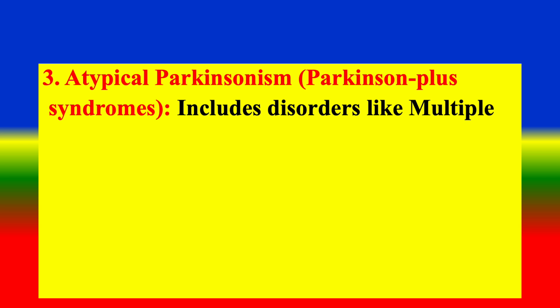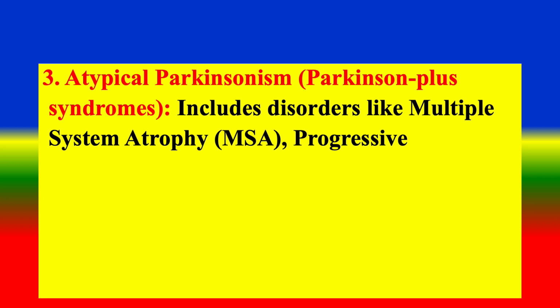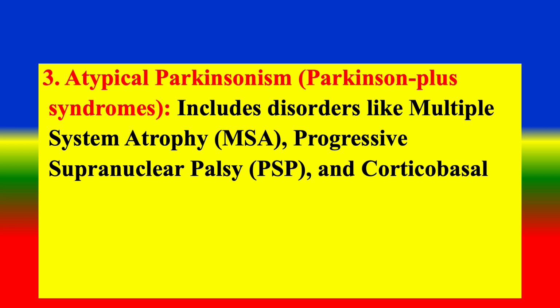Atypical Parkinson's disease, Parkinson-plus syndromes, includes disorders like multiple system atrophy, progressive supranuclear palsy, and corticobasal degeneration.